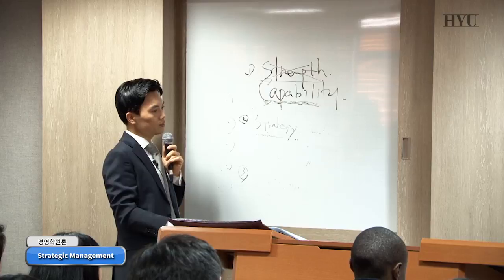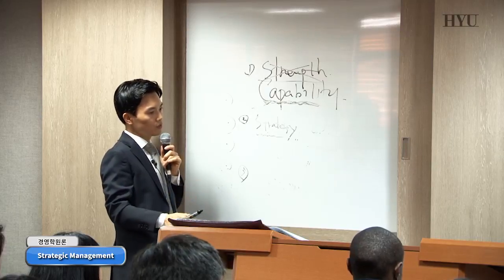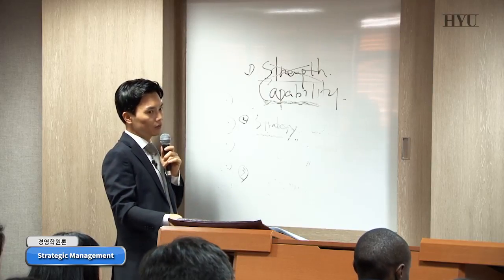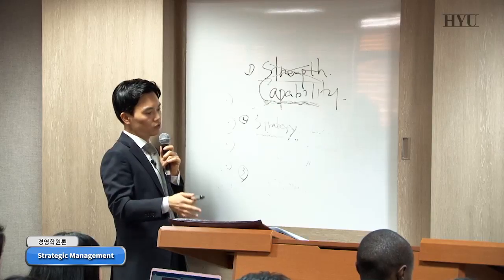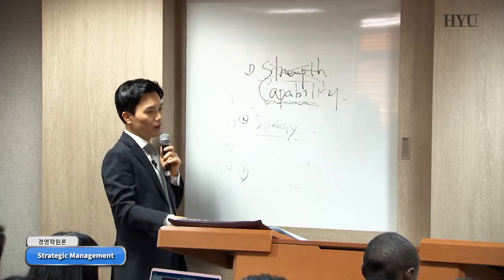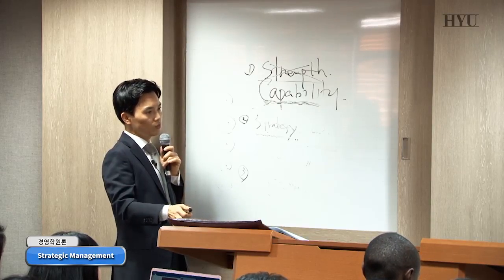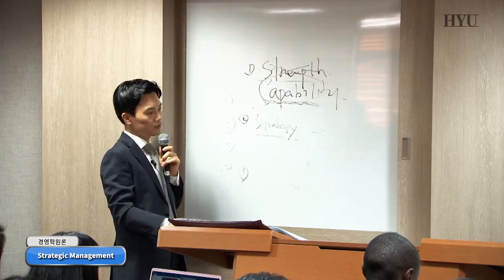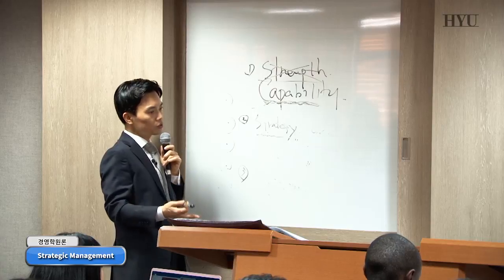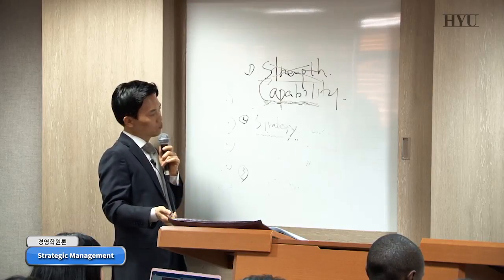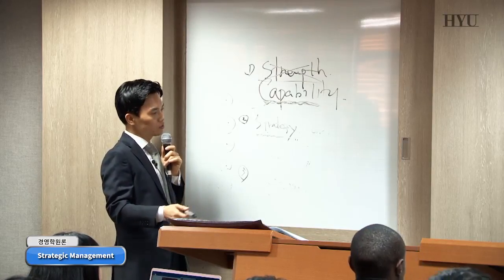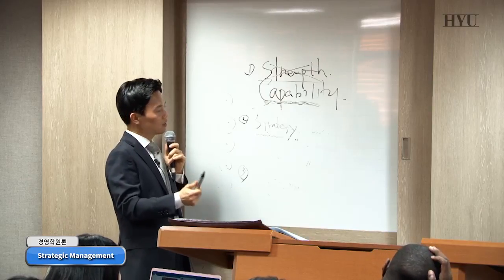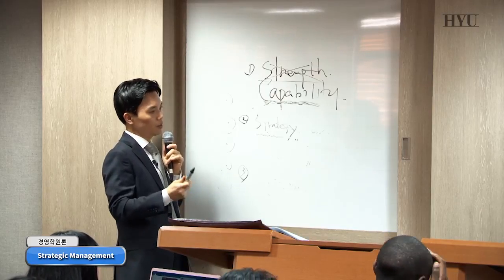Low cost means it costs you less money to make something, right? So that means you can put a lower price to the customers. So that lower price may attract more customers. So low cost strategy or cost leadership strategy may be one of the very standard strategies a company may choose.